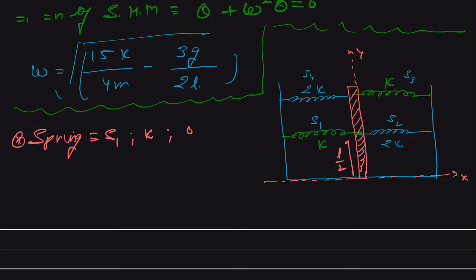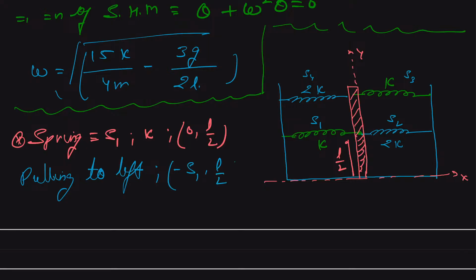And it is attached at 0, L by 2. And it is pulling towards the left, to some fixed point, and that fixed point also we denote by S1 in the first case also, like we did. Okay. So this will be a fixed point, that is minus S1 and our L by 2.